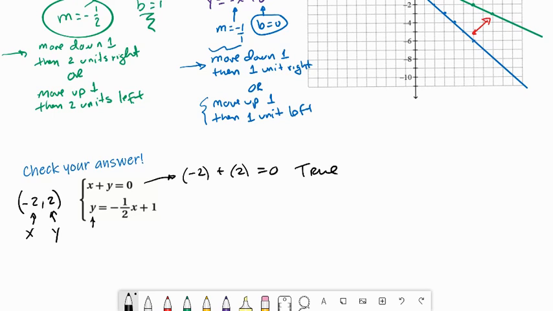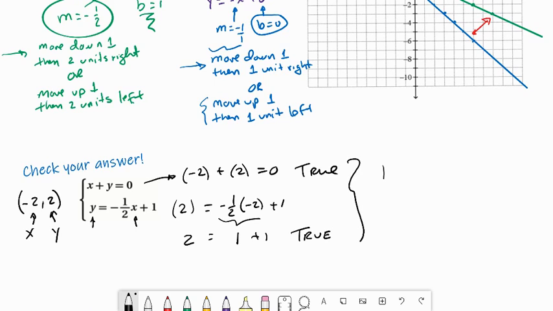And here, the y is going to be 2 equals -1/2, and then the x, we plug in -2 plus 1. A negative times a negative is a positive, and 1/2 times 2 is 1. So we see that 1 plus 1 is equal to 2. Both equations are true. Therefore, -2, 2 is a solution to the system.